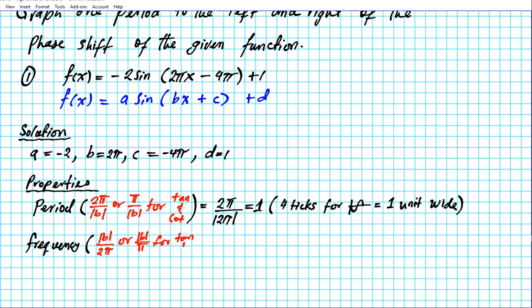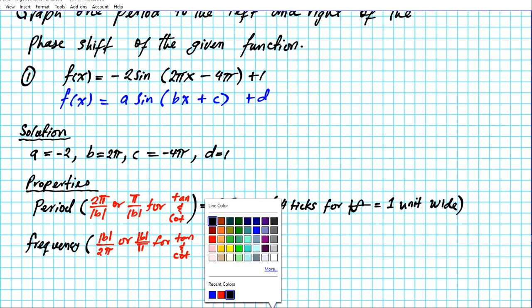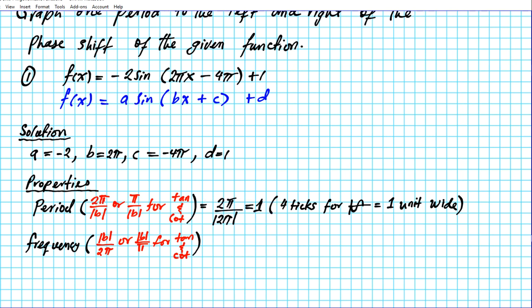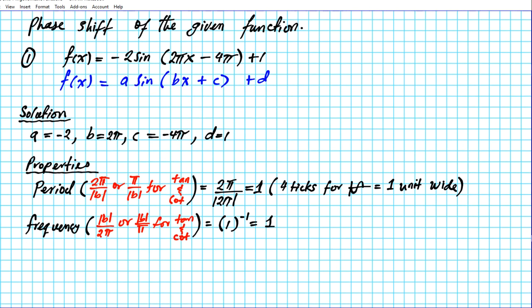In this case, all we're going to do is reciprocate the answer that we got, which is 1. So if you reciprocate 1, you get 1. Graphically, you don't really see the frequency. The frequency just represents cycles per unit time. All right, so we have that down.